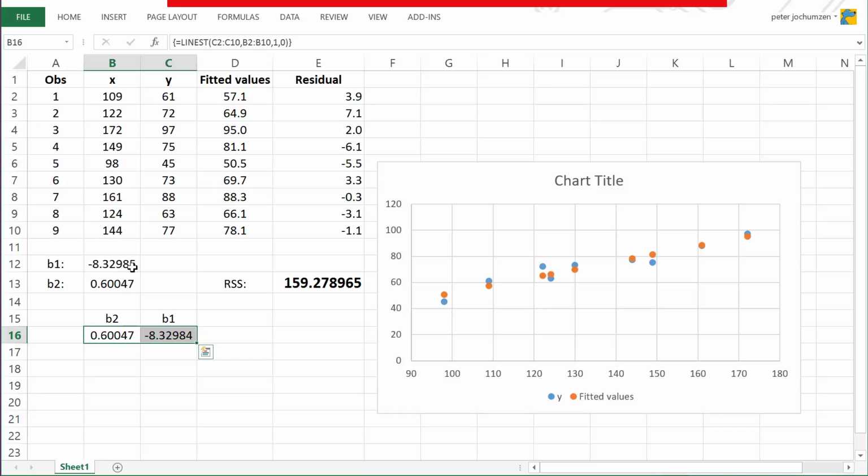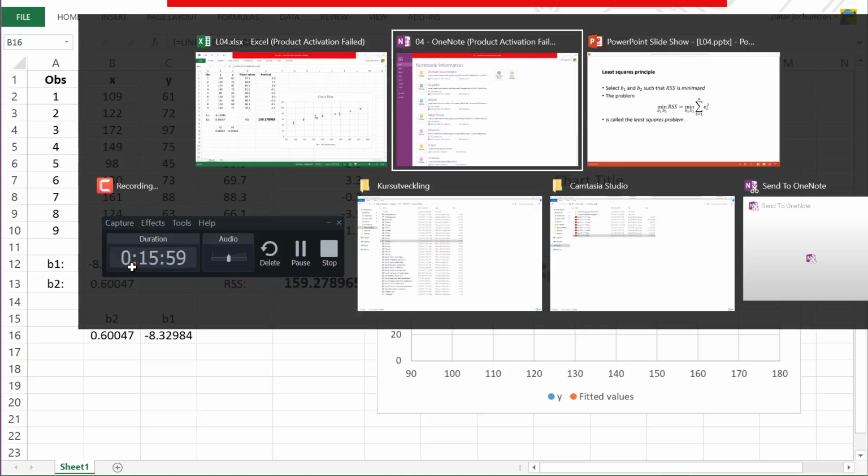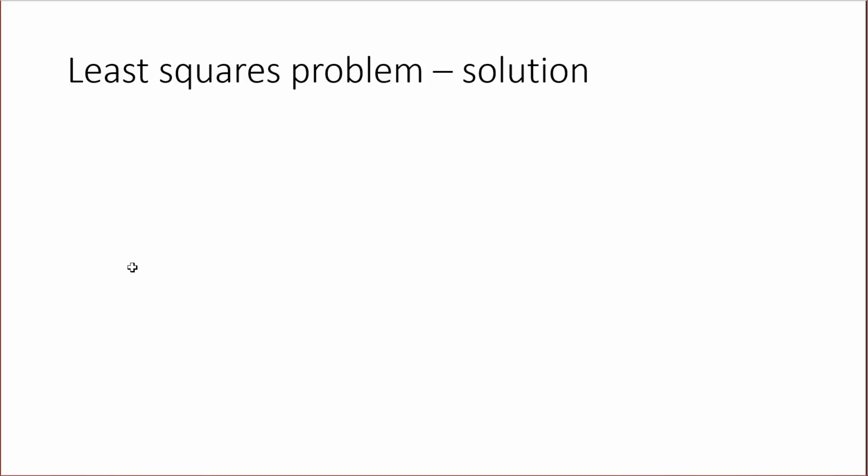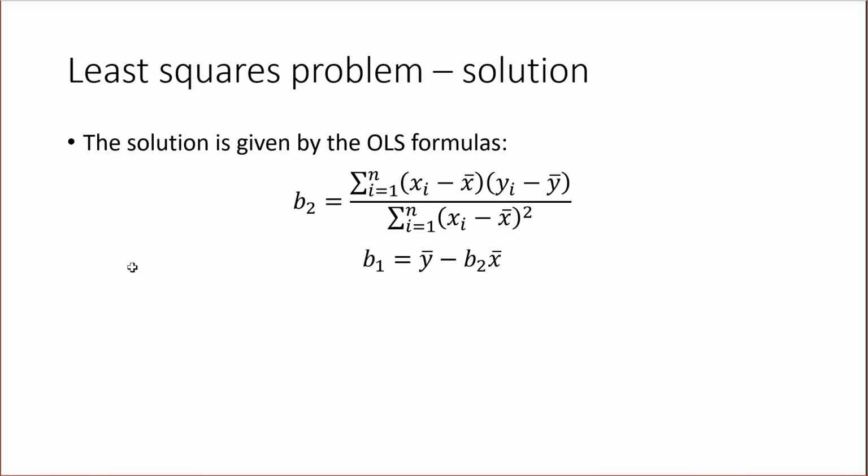So what we learned from this little experiment is that the solution to the least squares problem, and that is the value that will minimize RSS, is found by the OLS formula. So the solution is precisely these two that we've seen before, the OLS formula.